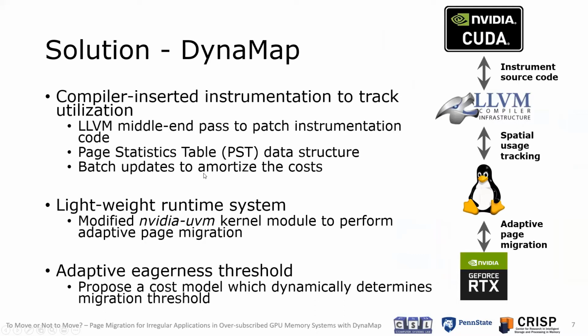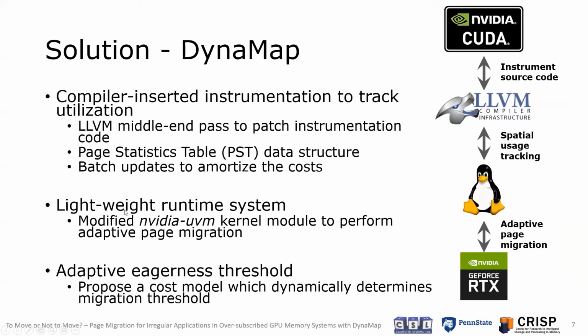So based on the above observations, we propose DynaMap to deal with oversubscription for irregular applications. We implement a compiler pass to instrument source code to track spatial usage for each page, and maintain a data structure, which is the page statistic table or PST, to share information with the GPU driver.